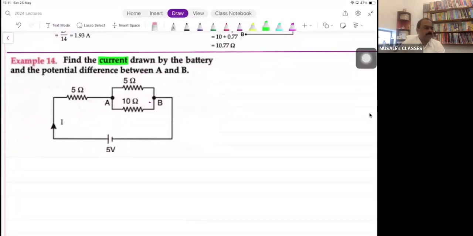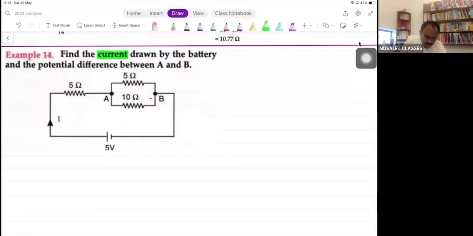Okay, given by this battery. प्रत्येकाने कॅमेरा इमिडिएट ऑन करायचा. सगळ्यांनी, find the current drawn by the battery as well as potential difference.